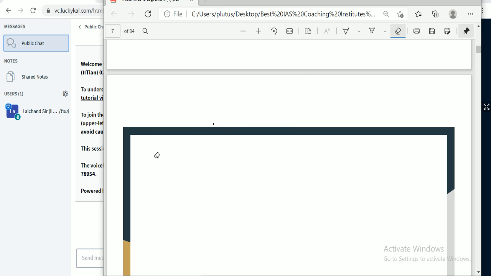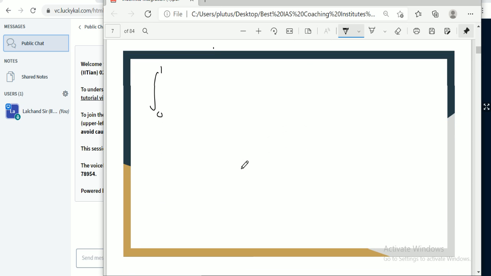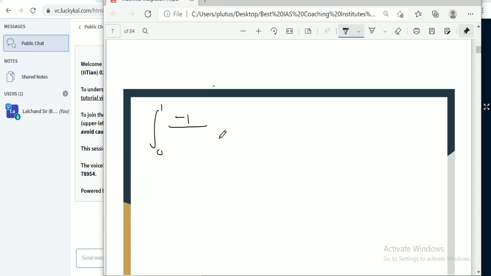From 0 to 1, what is the value of a? The value of a is minus 1, divided by x plus 1. And what is the value of b? 2, over 1 plus 2x, into dx. This is the integral finally.